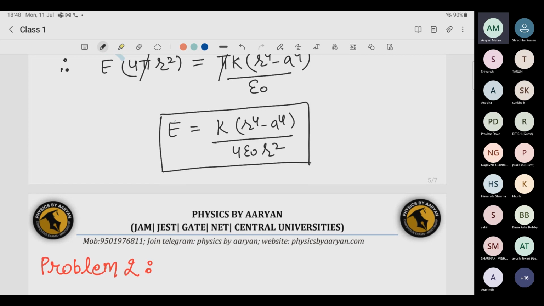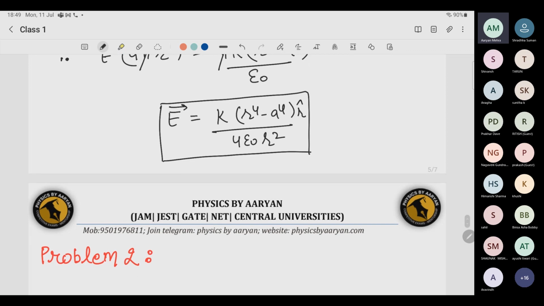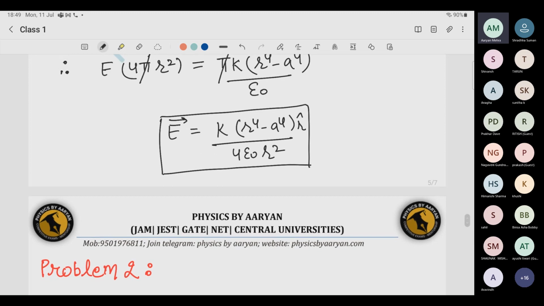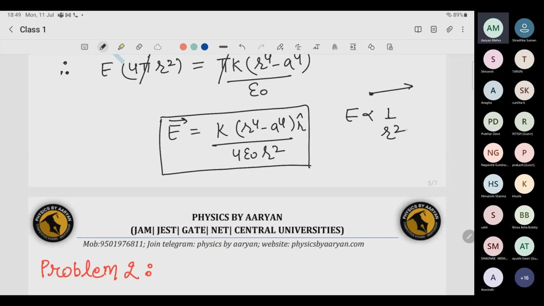If anyone asks you to write it in vector form, then just make it a vector and on the right hand side put r cap, because before starting the problem we said that the electric field is going to be towards r cap. Now the question for you: let's say you have a point charge, then your electric field varies as 1 by r square. Am I right or wrong? Your electric field varies as 1 by r square.